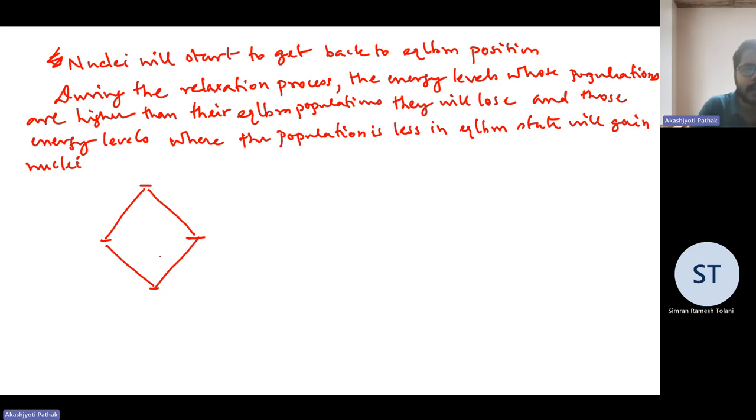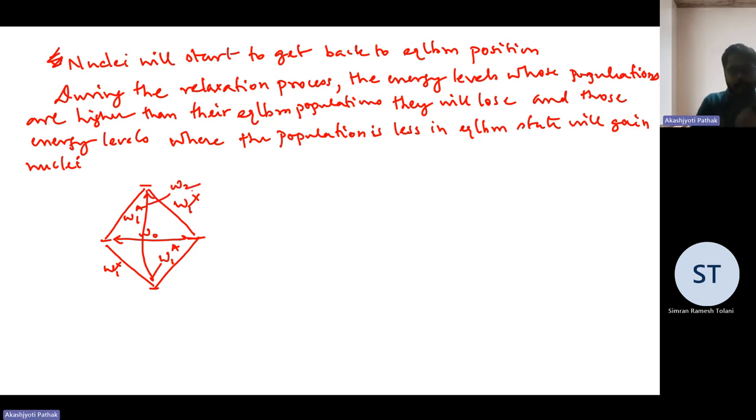So this was omega 1a. This is also omega 1a. This is omega 1x. This is omega 1x. This transition is omega 0, and this one from here to here is omega 2.